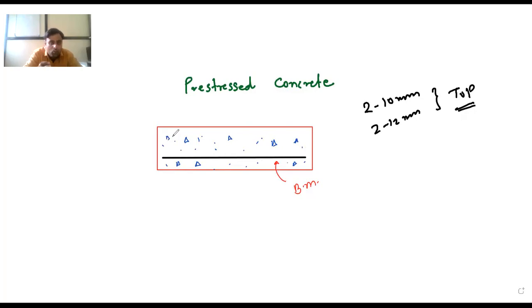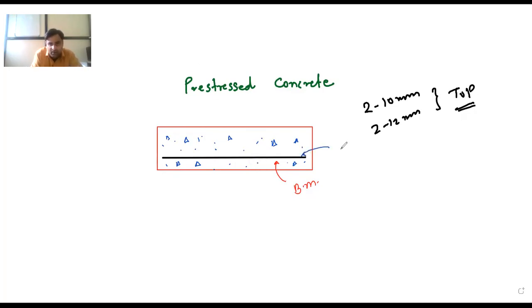Now, what is pre-stressed concrete and why is there a need of pre-stressed concrete? So I will first tell you what pre-stressed concrete is. Pre-stressed concrete is a concrete in which this bar, the reinforcing bar, is called a tendon. Another name for this is tendon.